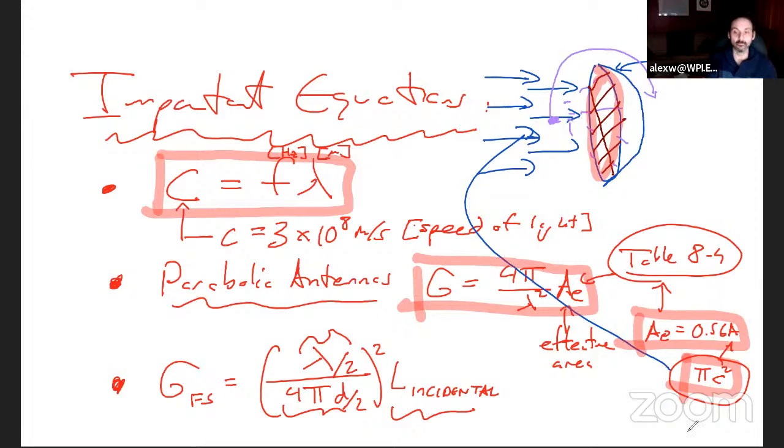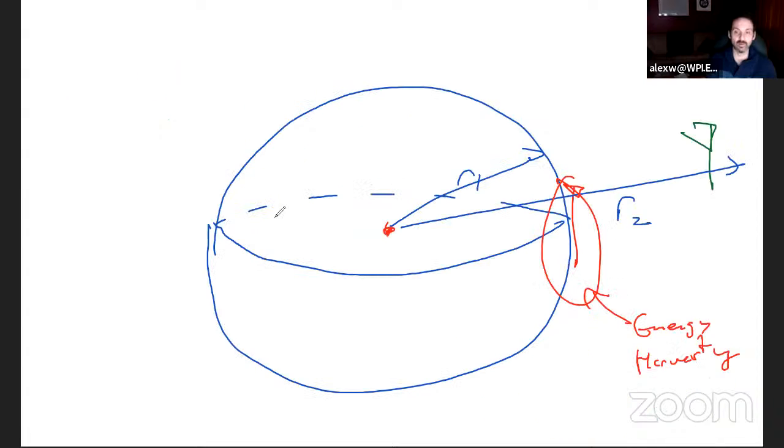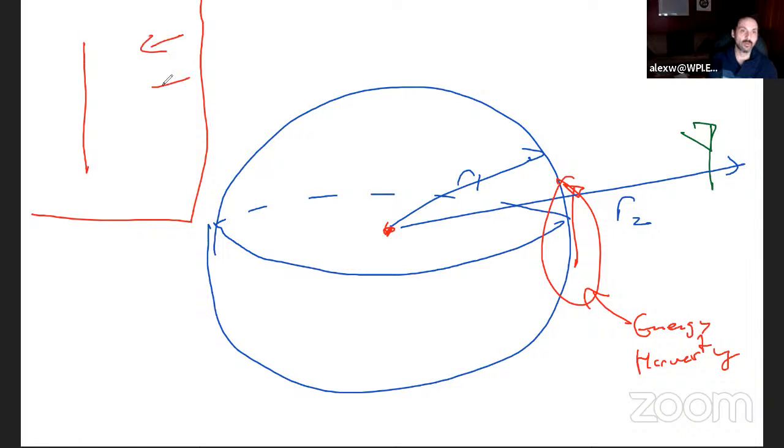So in particular, again, remember electromagnetic energy. If you have an antenna and you have energy hitting it, I want to convert that into electrical energy, because that's what an antenna does. A receive antenna or transmit antenna is the conversion between a wired medium, in this case the antenna, and an unguided medium like the air.